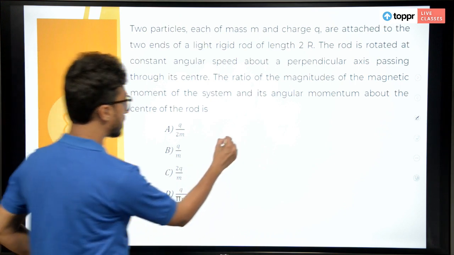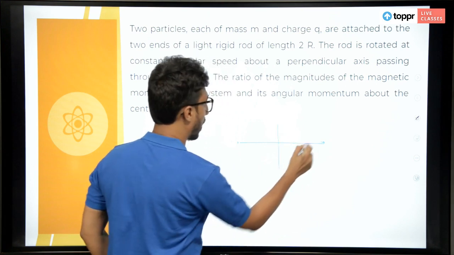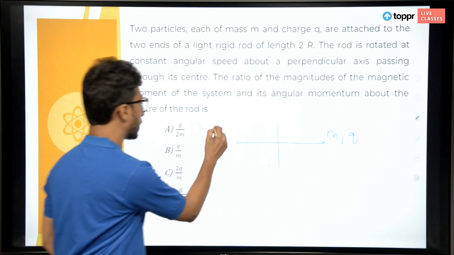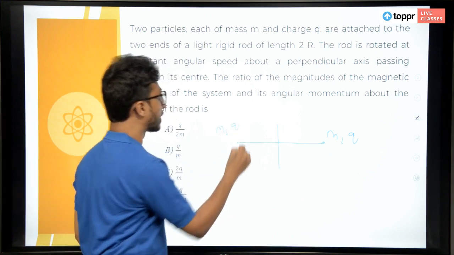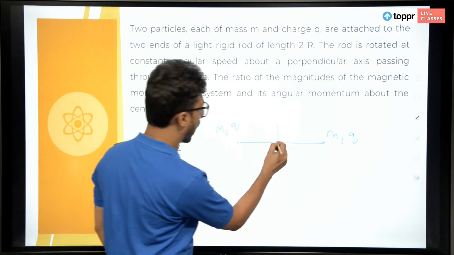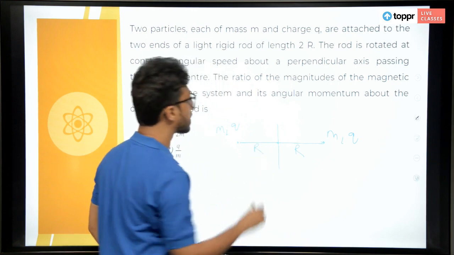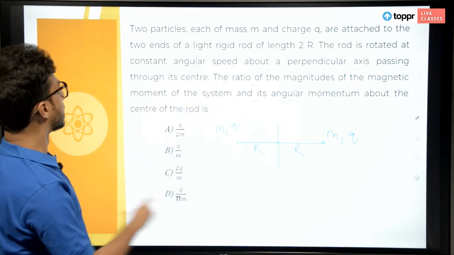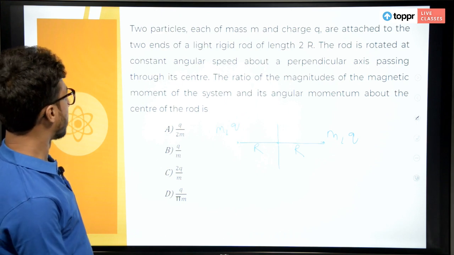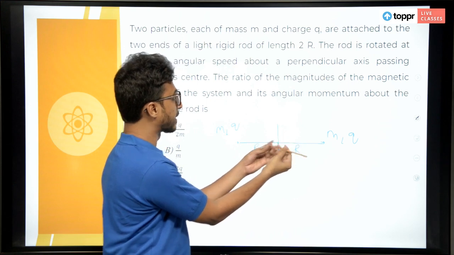So this is 2r, which means this is r and this is r. The rod is rotated at a constant angular speed about a perpendicular axis passing through its center. So if this is a rod, it is rotating like this, right?